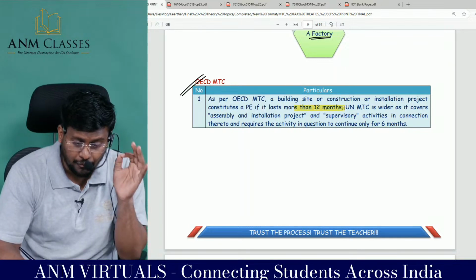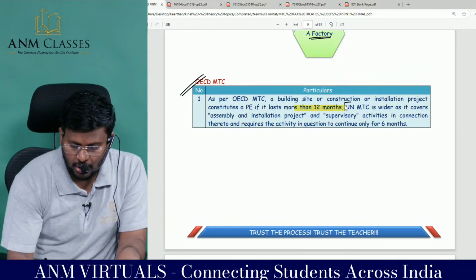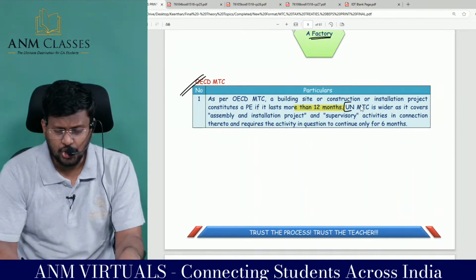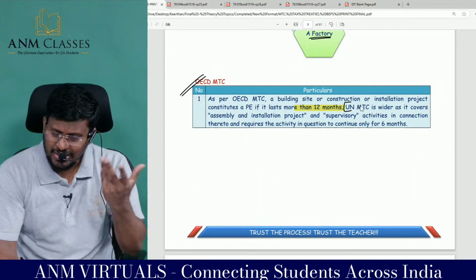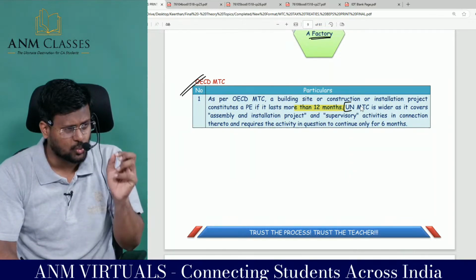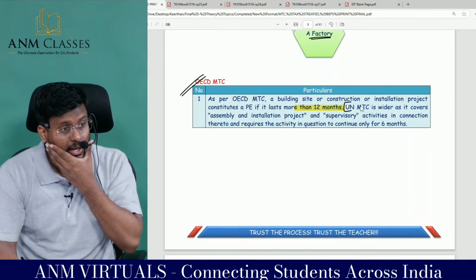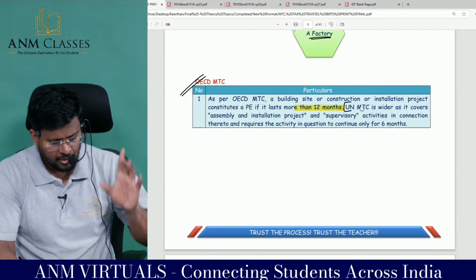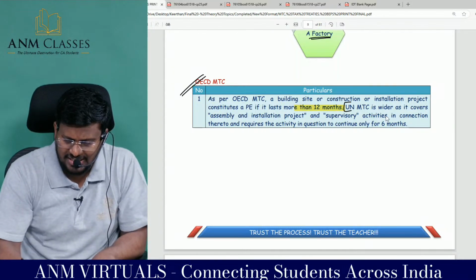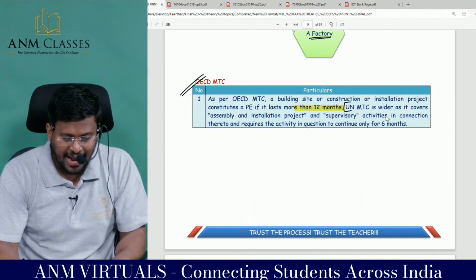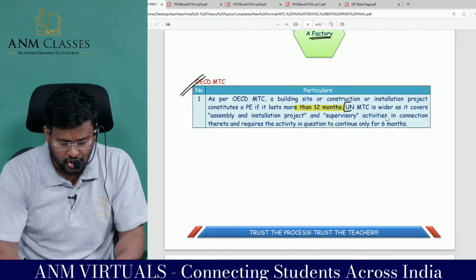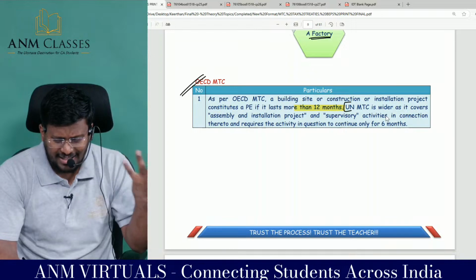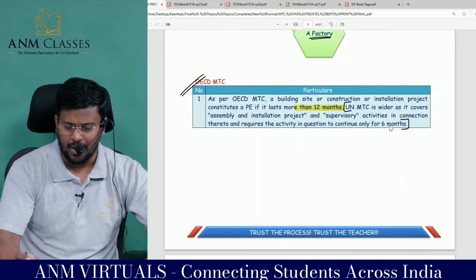But this is not the view of the UN model tax convention. The UN always has a relaxed mode, because the UN wants to tax these things, whereas the OECD does not want to tax them, because the OECD is between developed countries, whereas the UN is between developed and developing countries. The UN model tax convention is wider as it covers assembly projects, installation and supervisory activities in connection thereto, and requires the activity in question to continue only for 6 months.